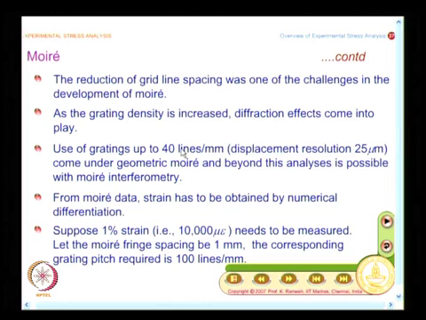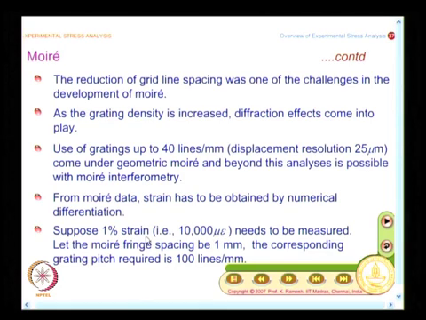So, from 40 lines per millimeter, if you go to 100 lines per millimeter, which is very fine from the pitch point of view, the strain value is still very high. So, what you need to understand is Moiré is applicable for large strain problems comfortably.